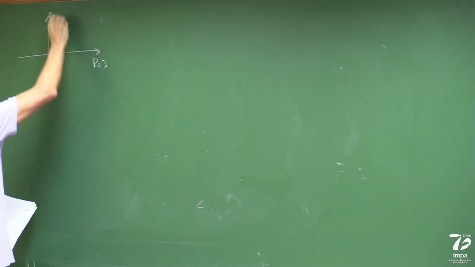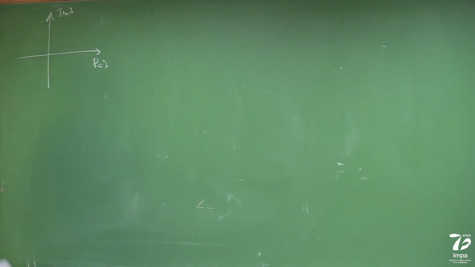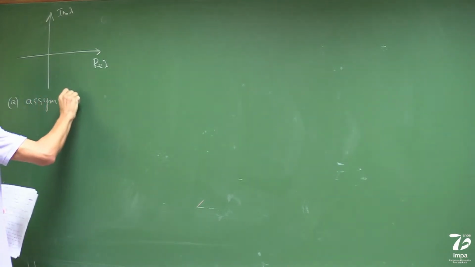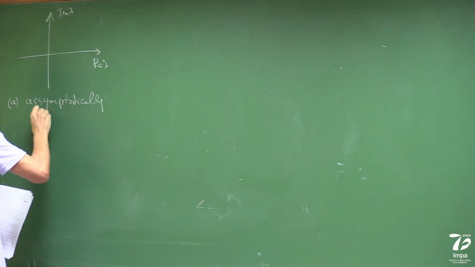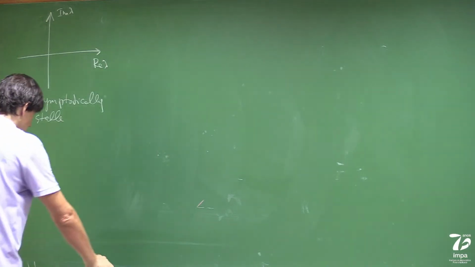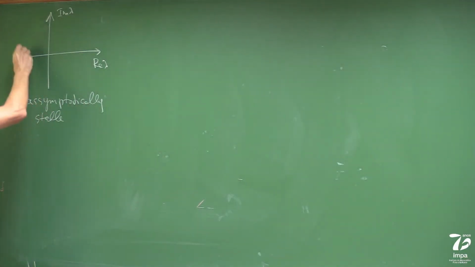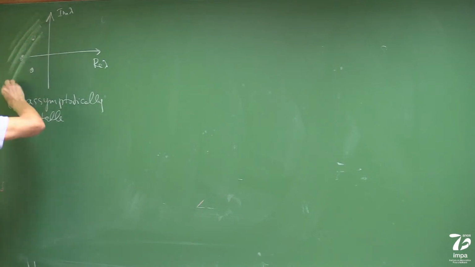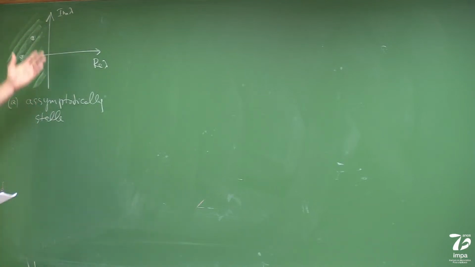So this will be the real part of the eigenvalue, and the imaginary part of the eigenvalue. So the first case A is when the system is asymptotically stable. For asymptotic stability of a linear system, all eigenvalues should be with negative real part. So they all should be on the left side. Right? Zero.